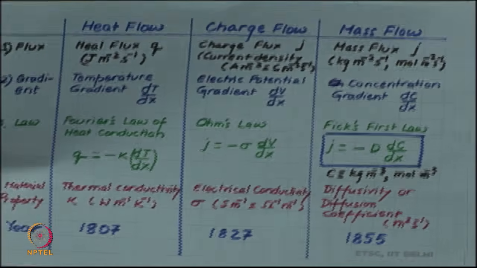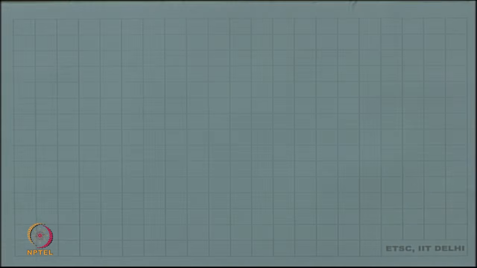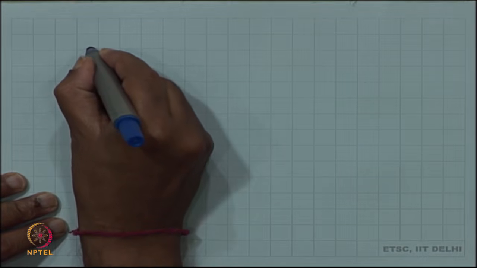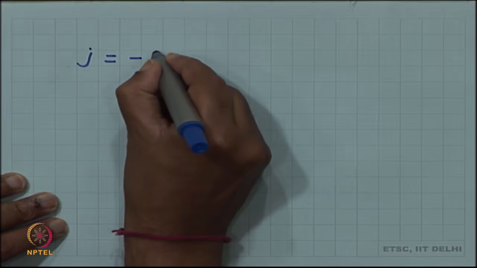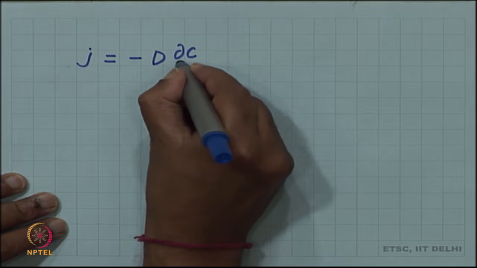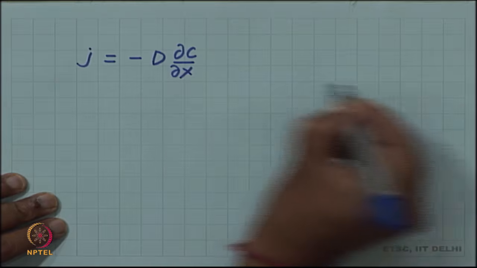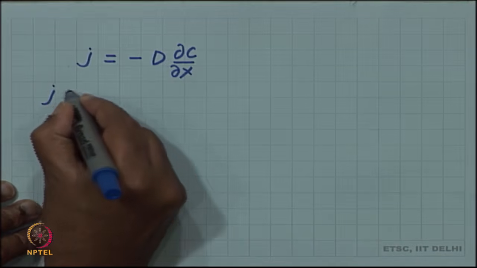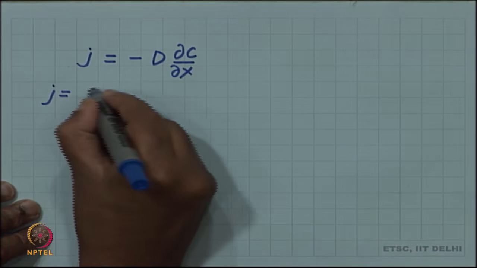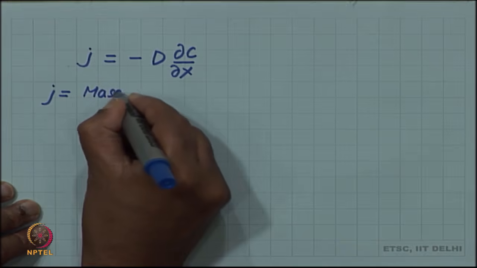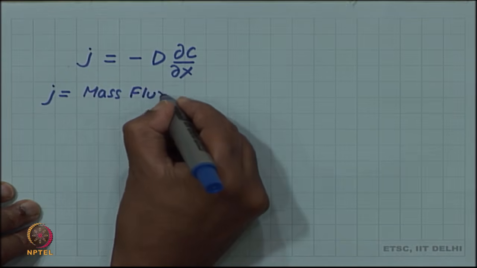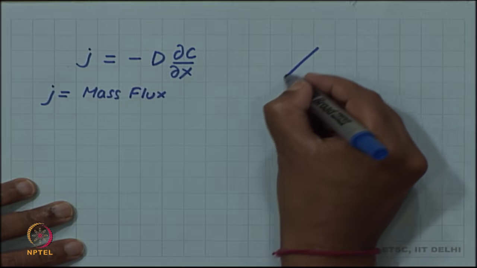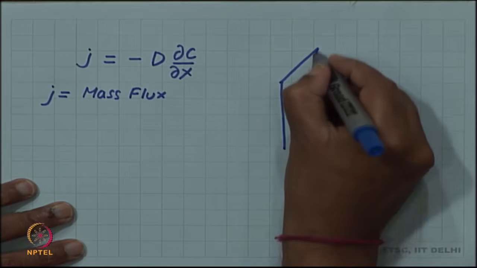So, let us look at a little bit more about Fick's first law. J is equal to minus D del C by del x. J is mass flux. So, essentially by flux you mean, let us have an area.